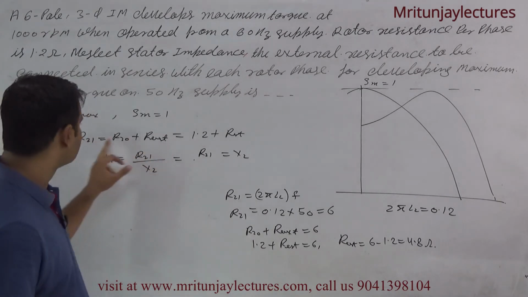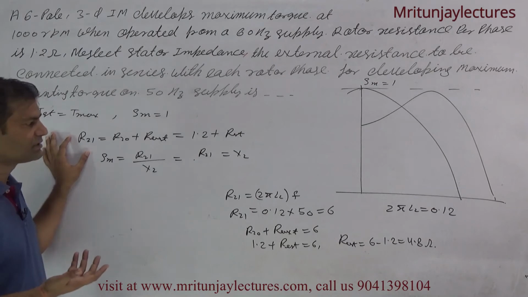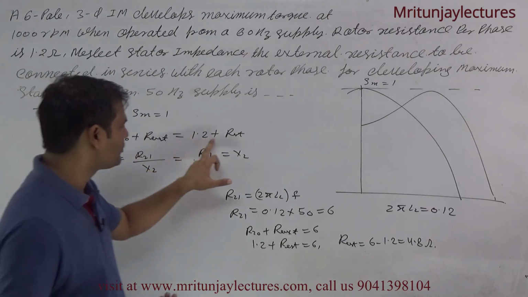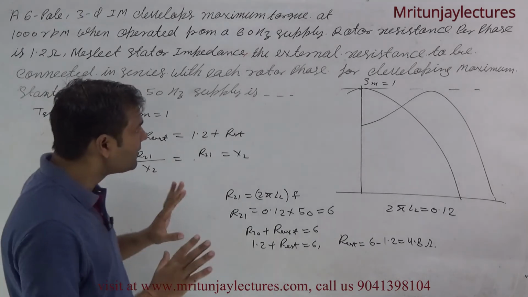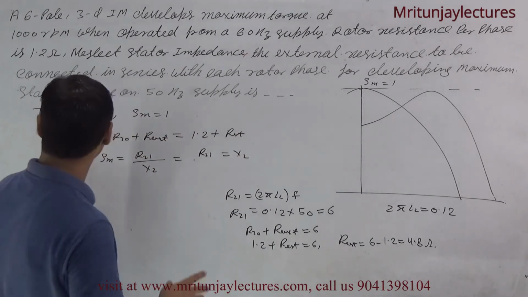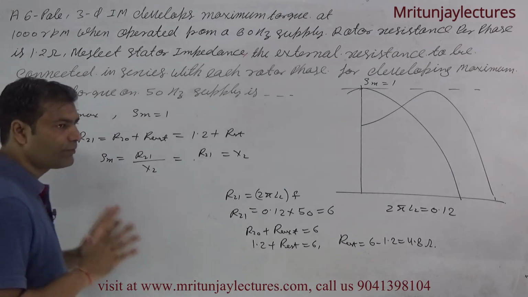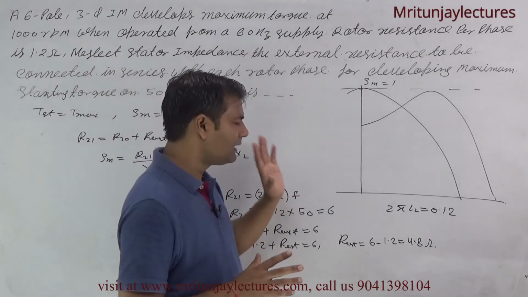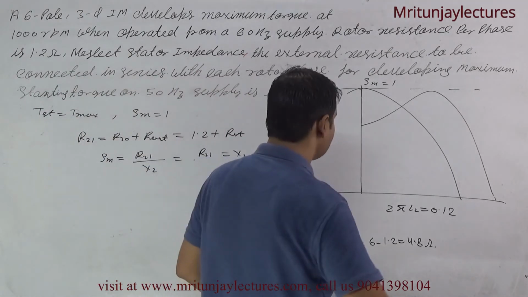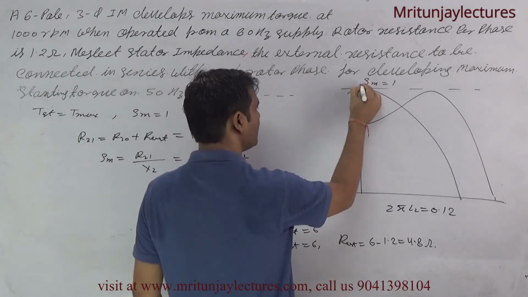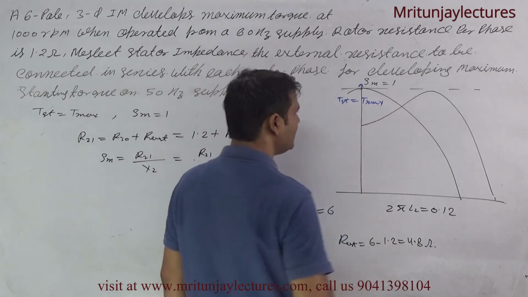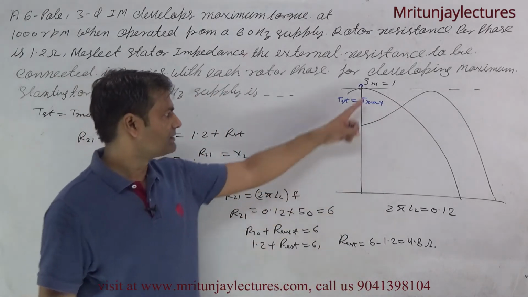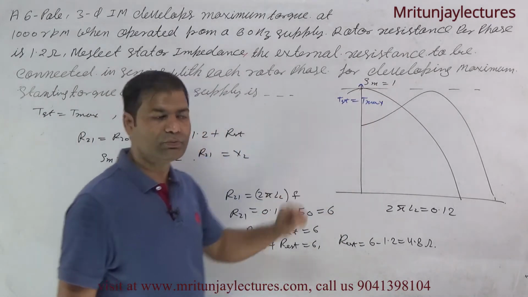So R21, the rotor resistance, is written as 1.2 plus external resistance. Now for developing maximum starting torque, the starting torque will be equal to T max. This is possible when Sm is equal to 1, slip equal to 1.